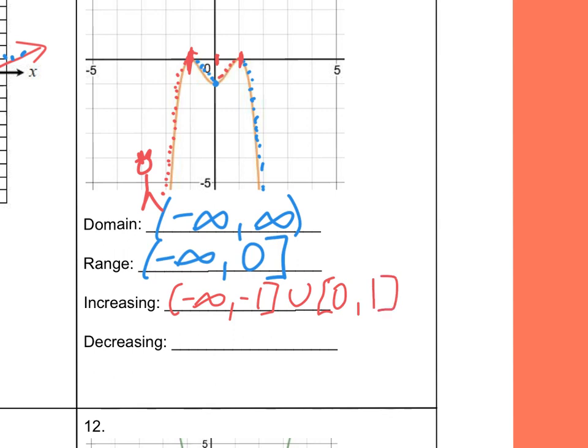Now we're going to look at where he was decreasing. He left off at -1 and went until he got to 0. And then he also started at +1 and went to positive infinity.